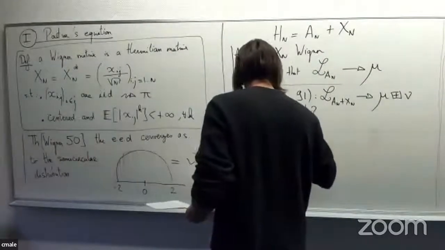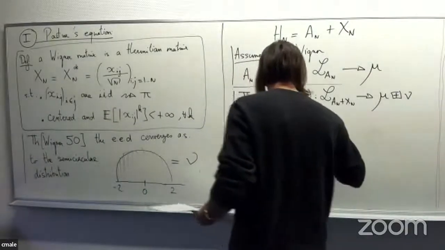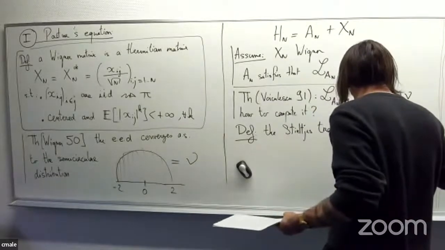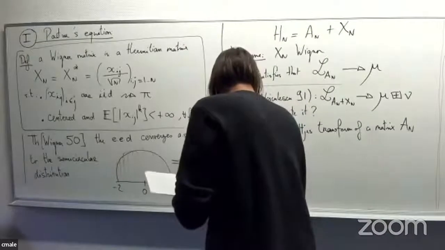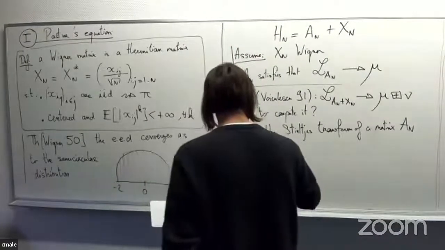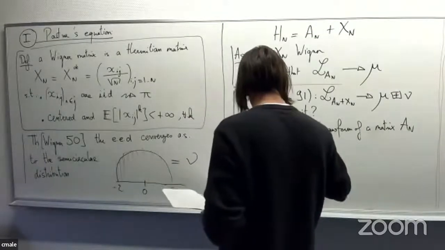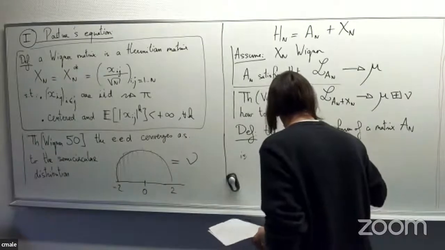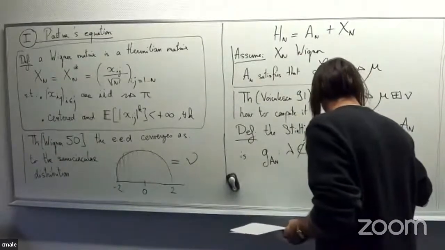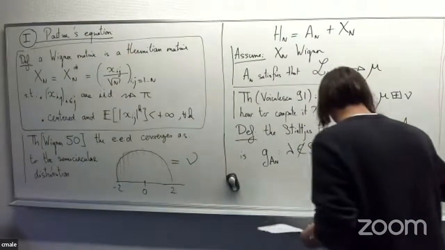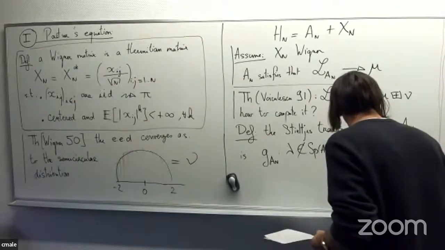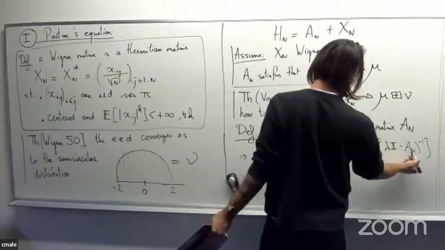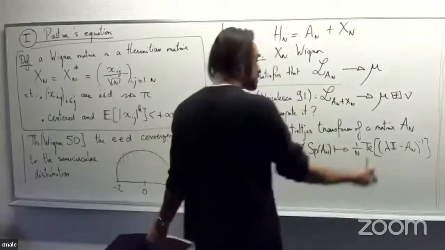The Stieltjes transform of a generic matrix A_N is the map that I'll call G index A_N, which takes lambda, a complex scalar which is not in the spectrum of A_N, and associates the normalized trace, the trace divided by the dimension, of what we call the resolvent of A_N, which is lambda times the identity matrix minus A_N to the power minus 1. And this guy is called the resolvent.